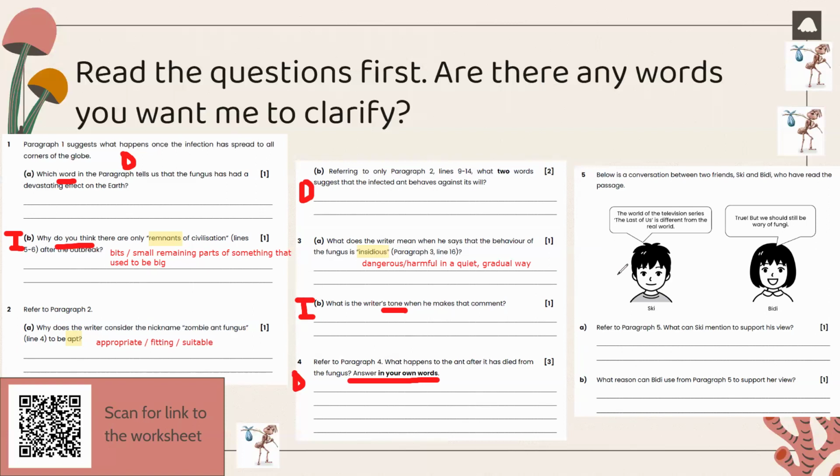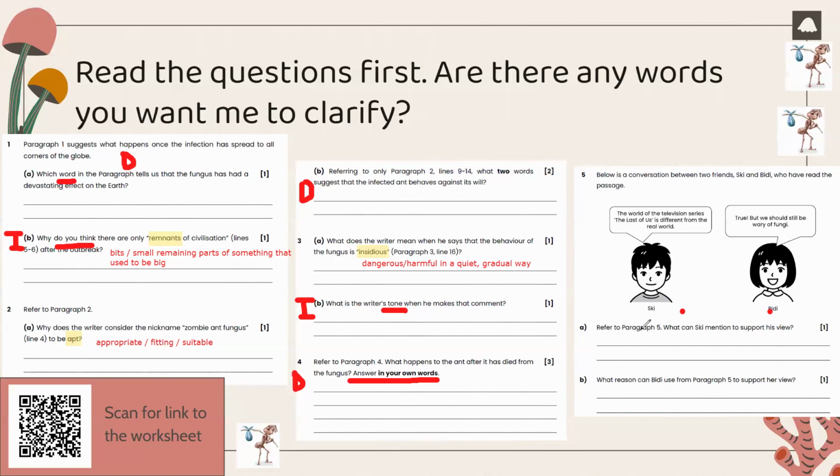Question 5 is your talking heads question, with Ski and BD. Typically, not all the time, they're usually direct questions. But to double confirm, take a look at 5A: what can Ski mention to support his view?